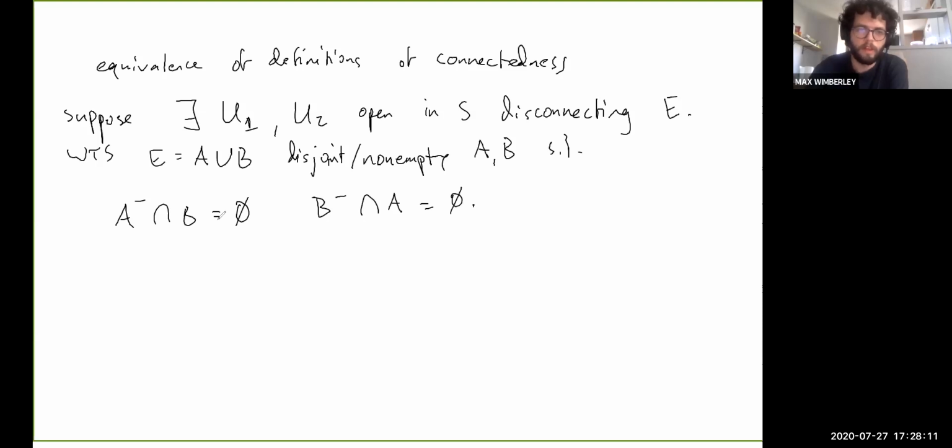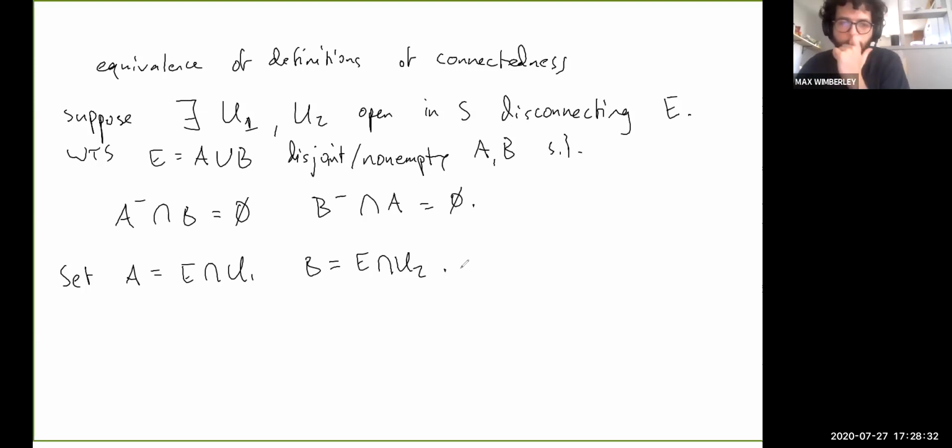The idea is that A and B are just the pieces of E that are in U1 and U2. So we set A equal to E intersect U1, and B is E intersect U2.